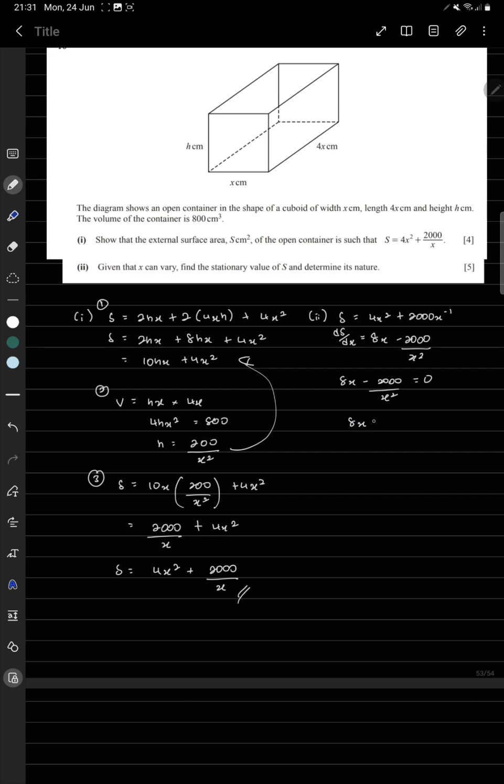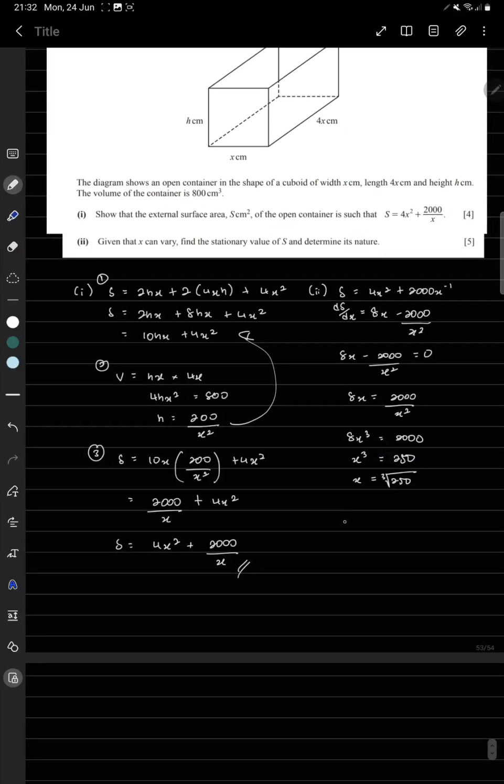Then we'll have 8x is equal to 2000 over x squared. Then 8x cubed equals 2000, since we bring the x squared to the other side. So x cubed is equal to 250. Then x is equal to the cube root of 250. We'll leave this in exact value because this is not our final answer.